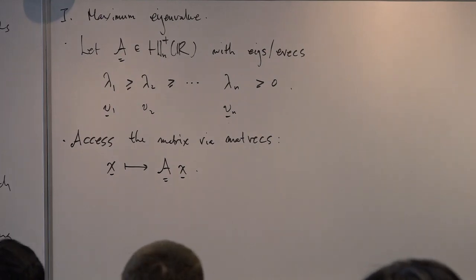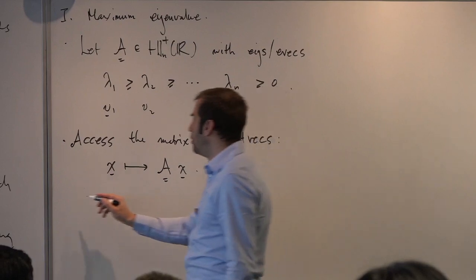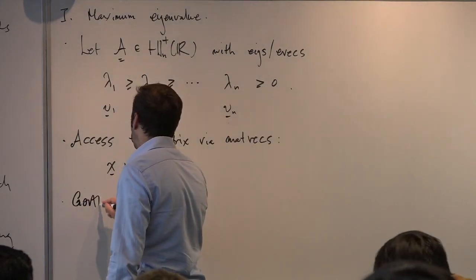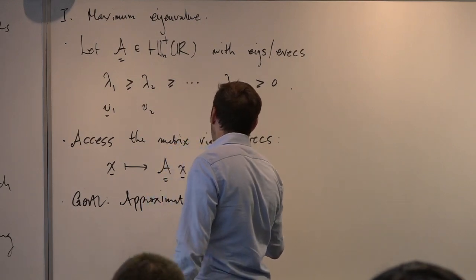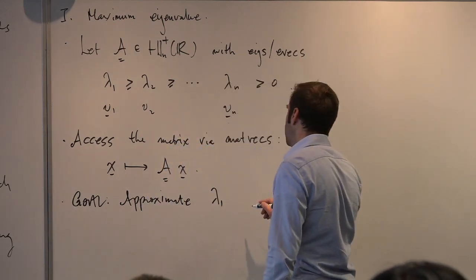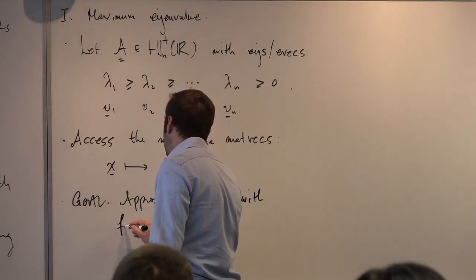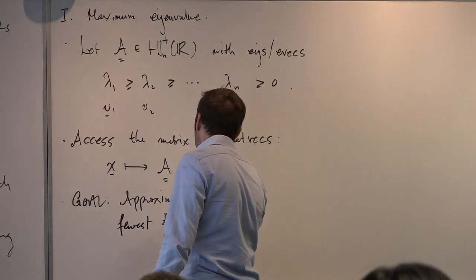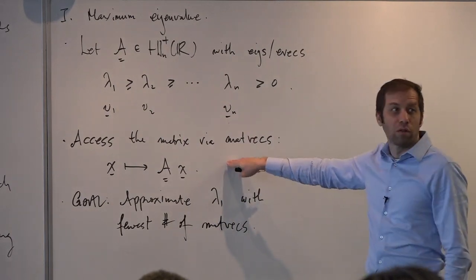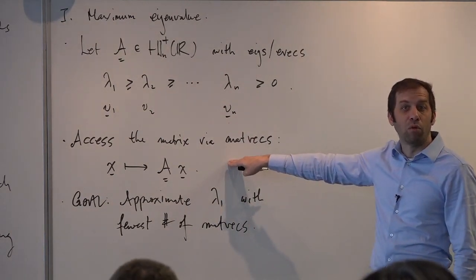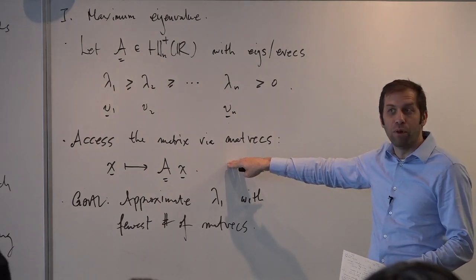So we access the matrix via matrix vector products, and our goal is to approximate lambda 1 with the fewest matvecs possible. Once again, we're treating this as the primitive. We pay every time we perform this operation, but we don't inquire into its internal complexity.